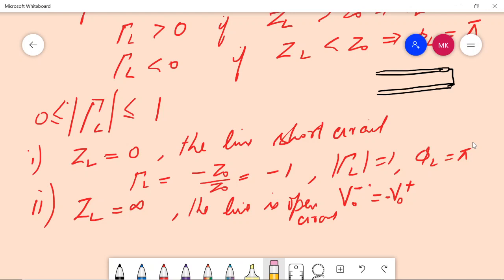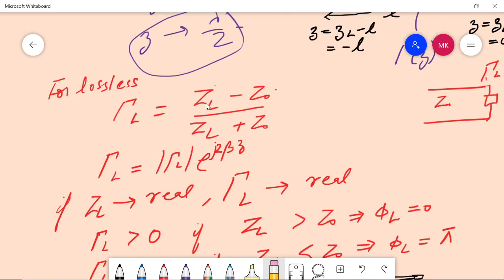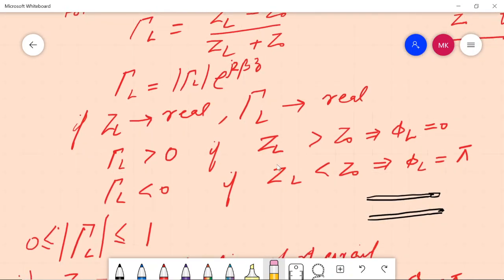Keep it open here. It means you are providing infinite impedance. In that case, you can take ZL common and cancel it out. Z naught over ZL will be 0, so it will be 1 here.